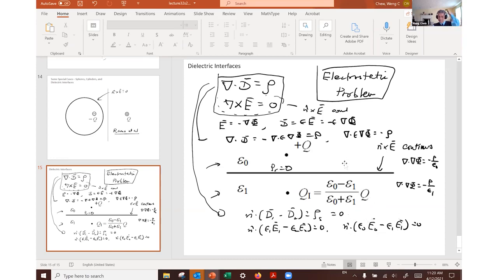The other boundary condition is that tangential E is continuous, and that is the same as phi being continuous. You can show that phi being continuous will ensure that n cross E is continuous, because E is equal to minus the gradient of phi, and if phi is continuous from this surface to that surface, it will ensure that tangential E is also continuous at that surface.